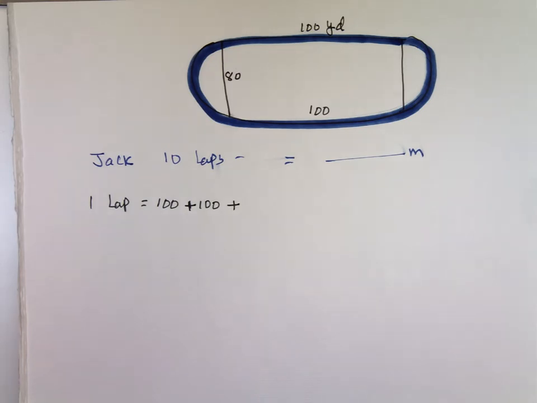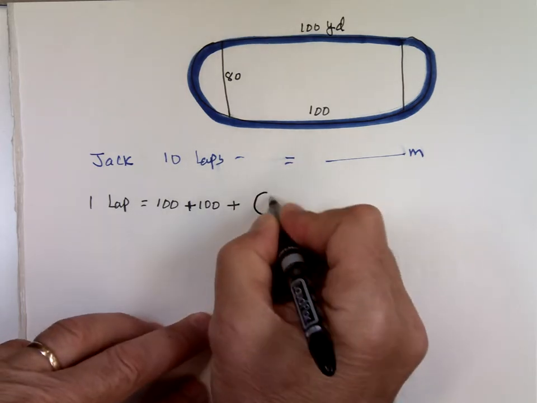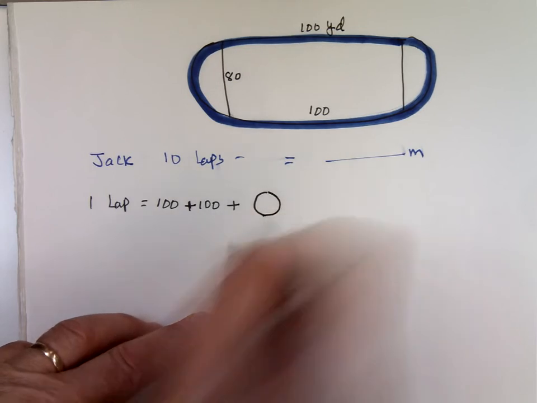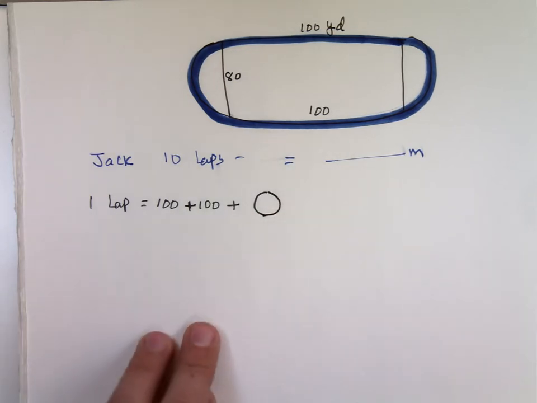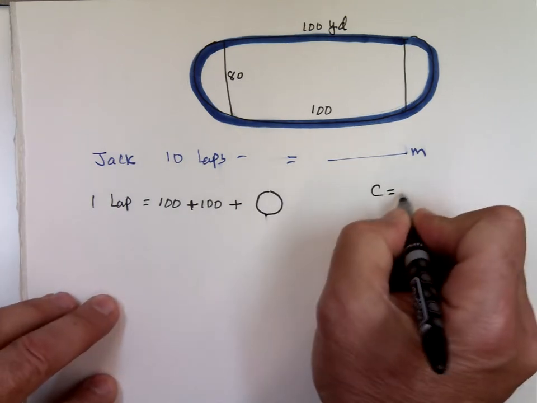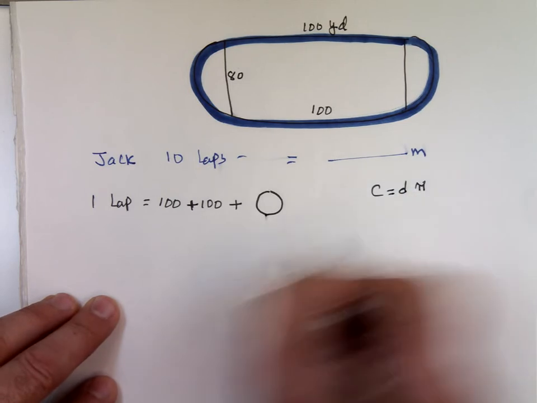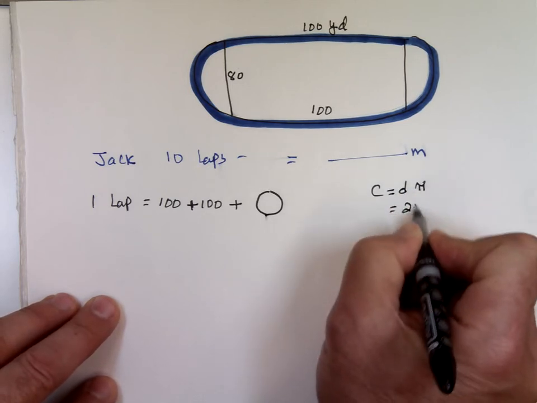Well, what is half the circle on the outside, half a circle on the other end? When you put them together, what do you have? Don't you have a full circle? I need to know the circumference of that circle. Correct. The circumference of a circle is diameter times pi, or 2r times pi.